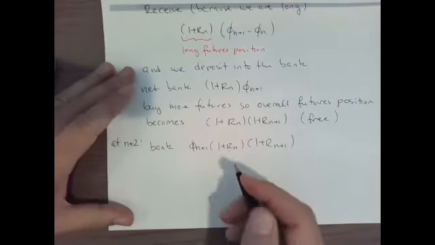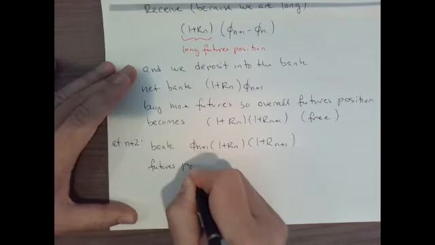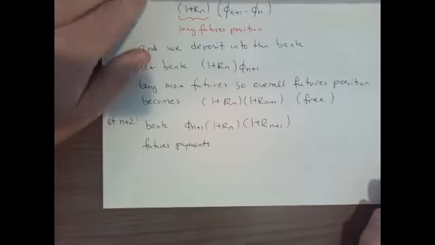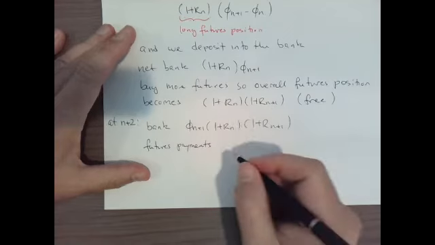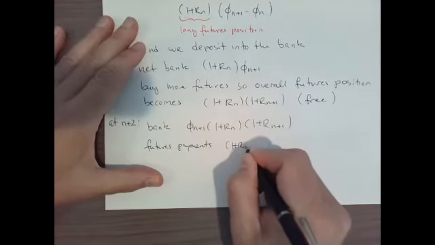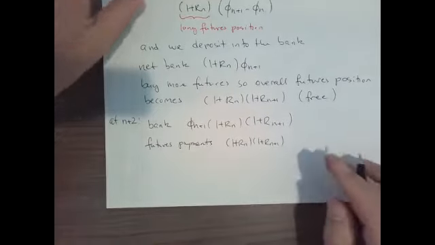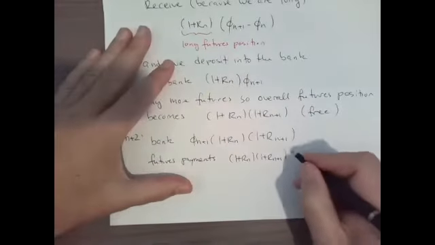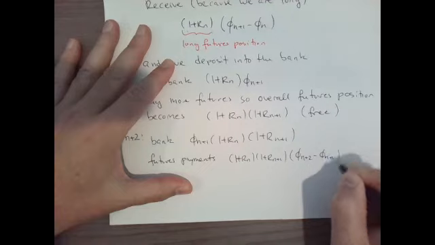Then we're going to get futures payments. What are the futures payments? Well, it depends upon our futures position, 1 plus Rn, 1 plus Rn plus 1. Just as before, take the position times the change in the futures price. So this will be phi n plus 2 minus phi n plus 1.